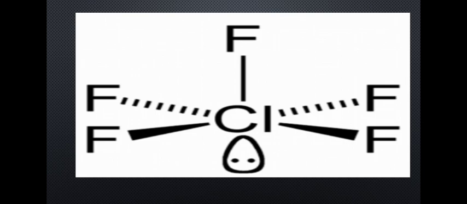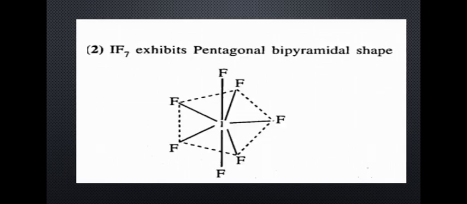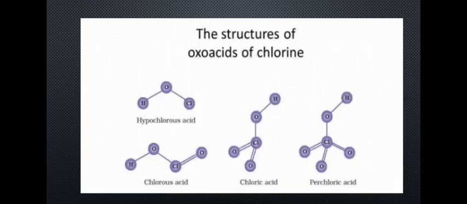If value comes out to be 7, it will be sp3d3. Similarly, you can draw the structure of IF7. It is half, bracket start 7 plus 7, the value comes out to be 7, and 7 is sp3d3, which has a pentagonal bipyramidal shape.